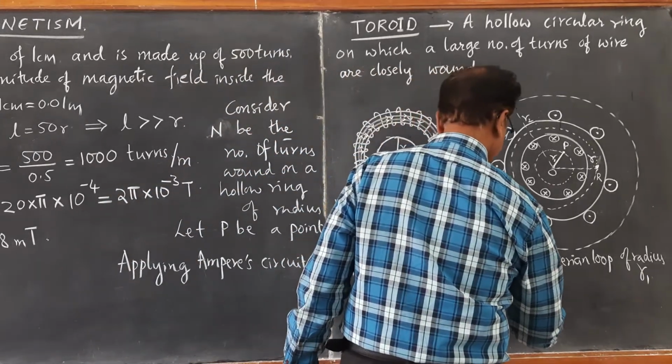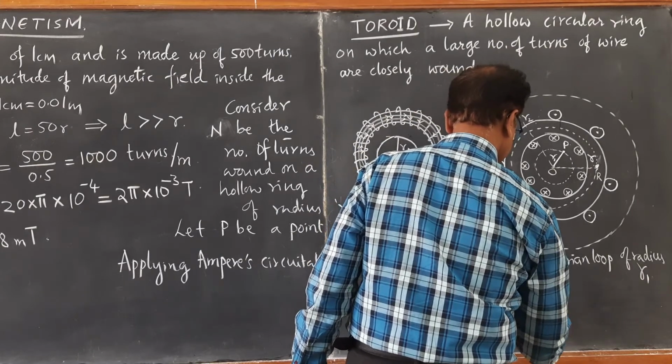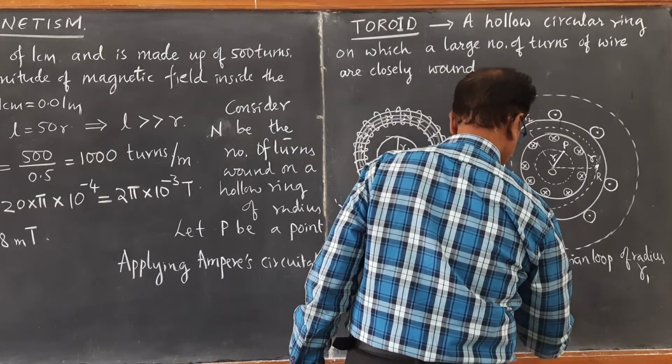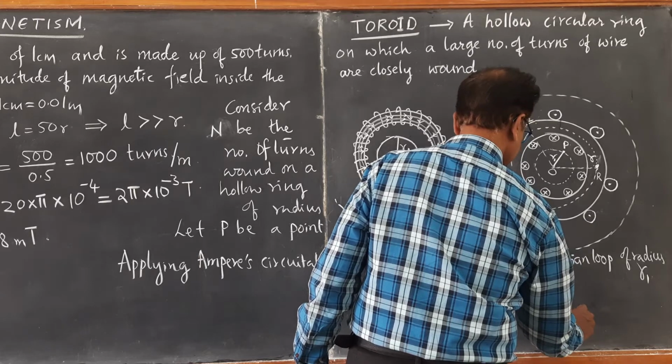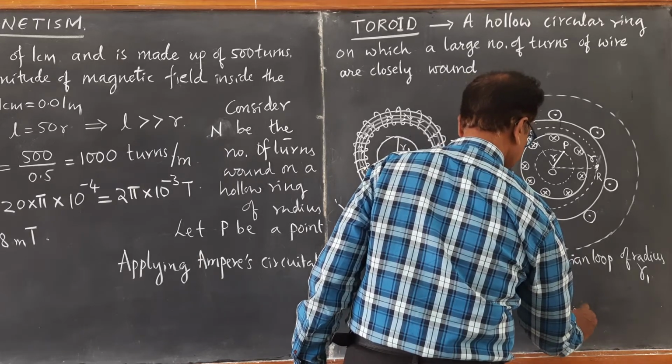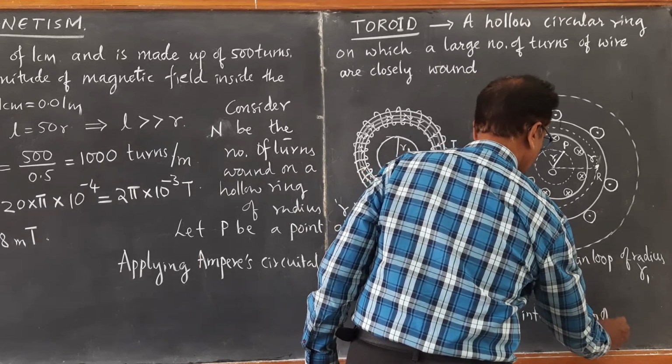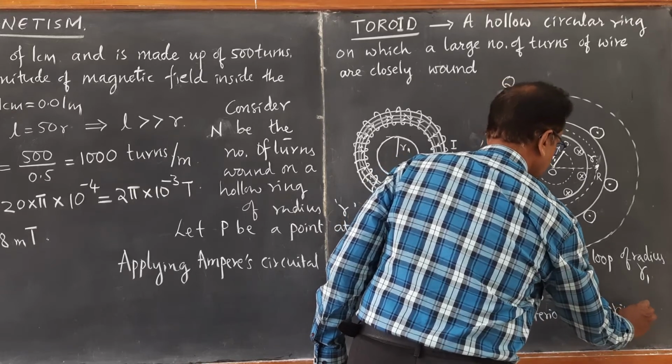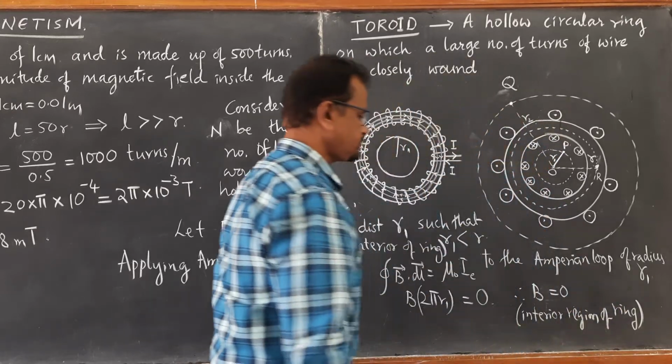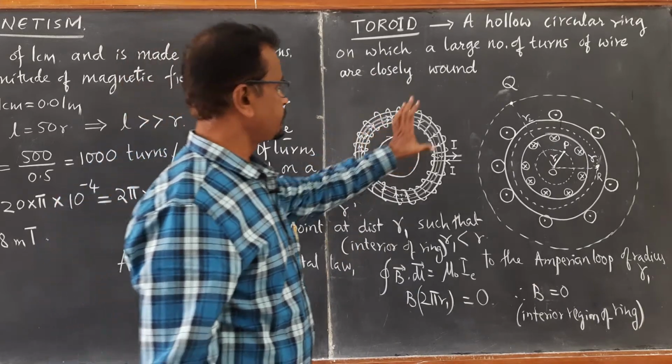Therefore, B equal to 0 in the interior region of the hollow ring or interior region of the toroid.